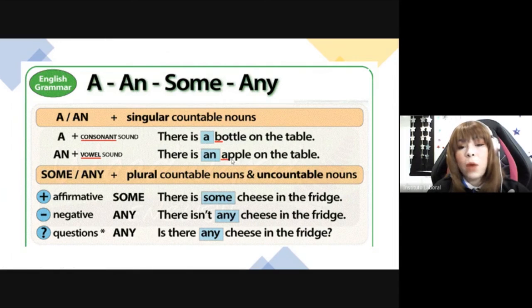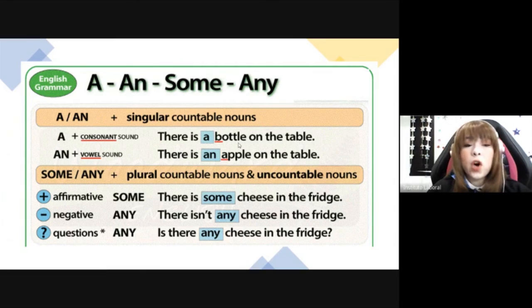Apple starts with a vowel sound, so we use the article an. There is an apple on the table. What is the reason? Again, the reason is better pronunciation. There is an apple sounds better than saying there is a apple, right? There is an apple on the table.